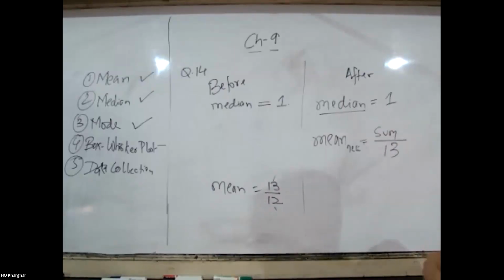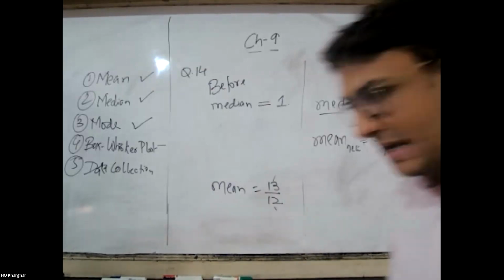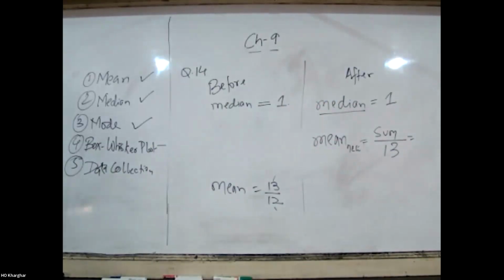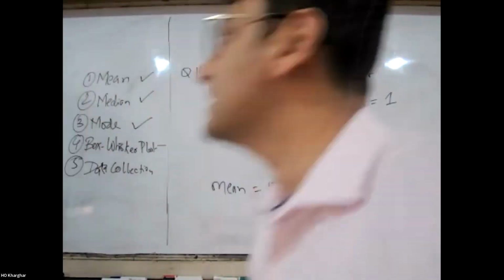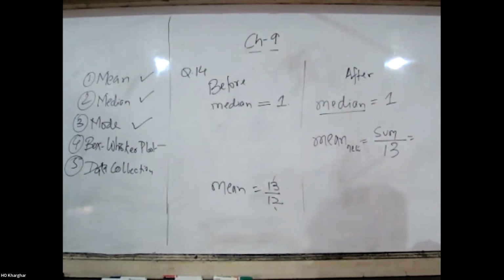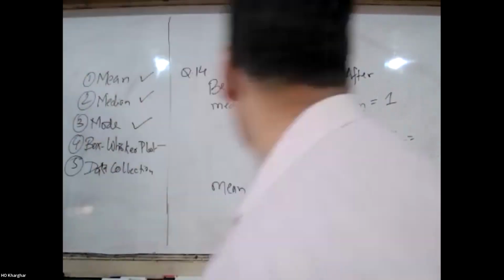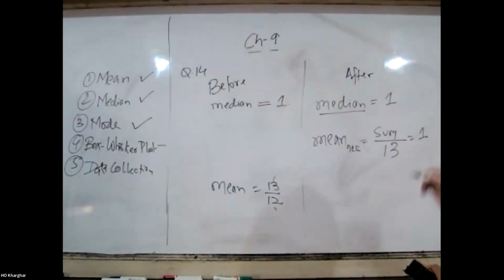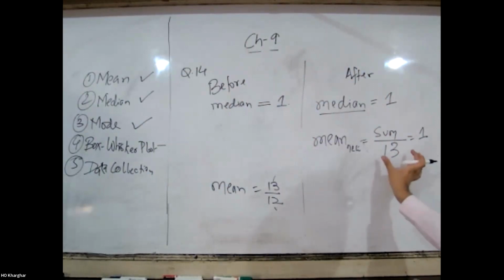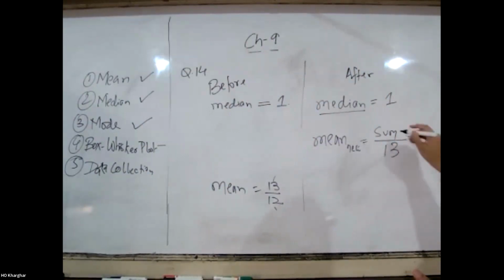But the point is, I read it from the question, it says, later a new student joined the class, and average number of siblings per student became equal to median number of siblings per student. So if these two become equal, then your median was 1, so this should be equal to 1. Now, sum divided by 13 is 1, which means the sum of siblings should be 13.